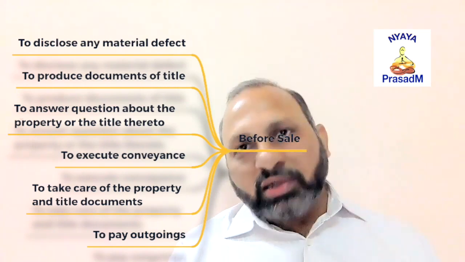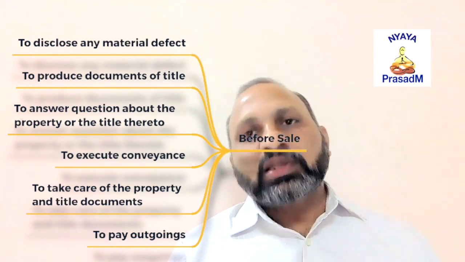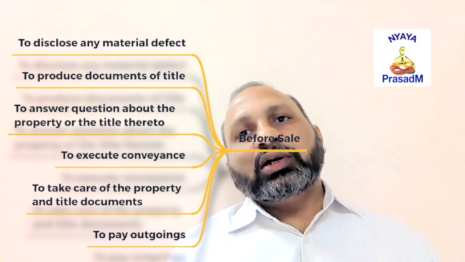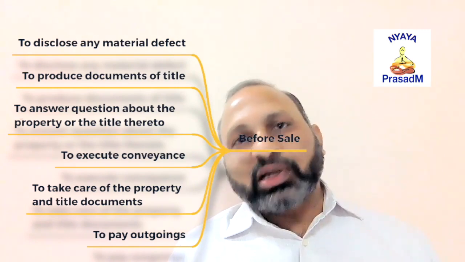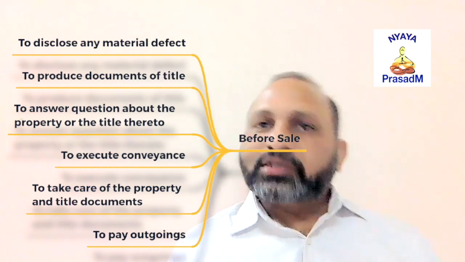So these are considered the essential duties for the seller before performing the transaction of sale. Similarly, there are certain duties which he needs to perform after performing the sale. Let us look into those as well.